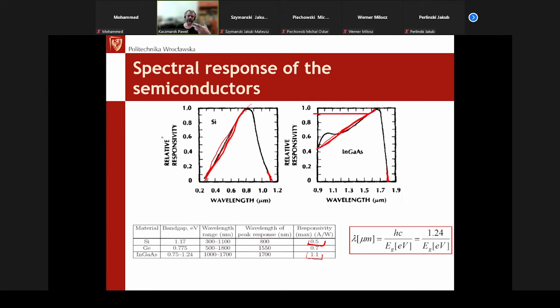It is the number of electrons of the photocurrent created by a certain number of photons. But you can see it is at most equal to 1. So for an ideal photodetector, we cannot have more electrons flowing through our photodetector than the number of photons.